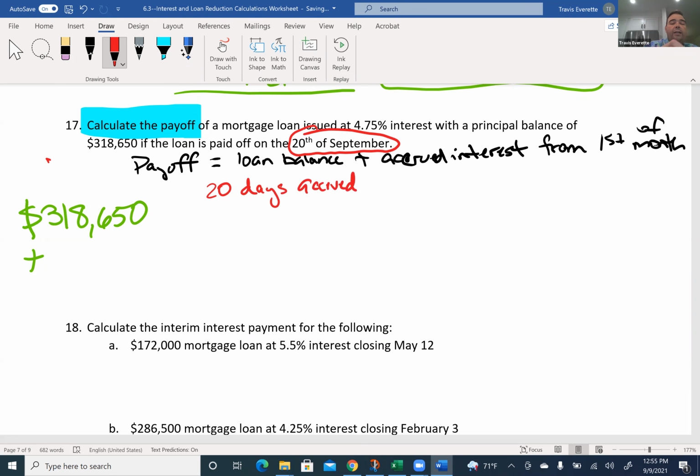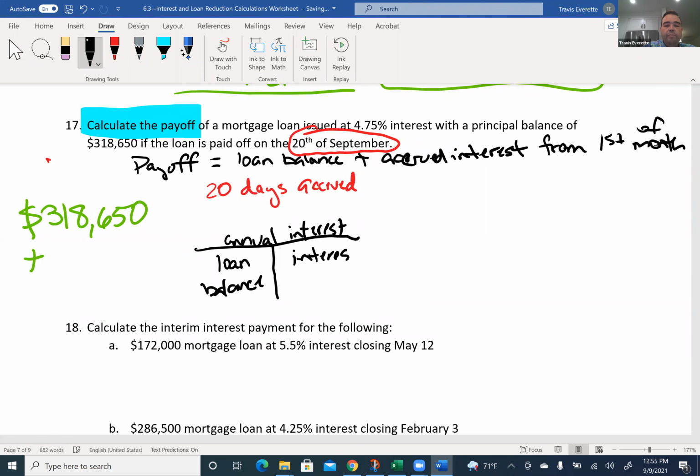So now I need to take a look at that formula for calculating annual interest again. Even though I don't really care about the annual interest, I need it to get down to daily interest. So annual interest is going to be equal to the loan balance times the interest rate. So what information did they give us here?